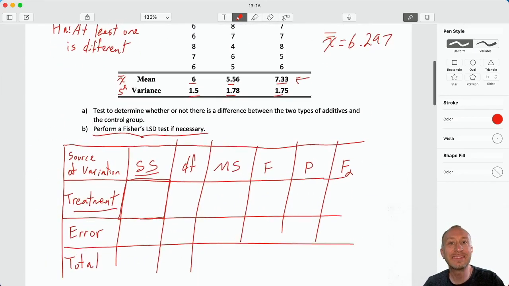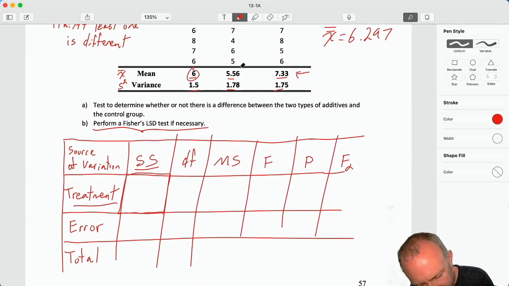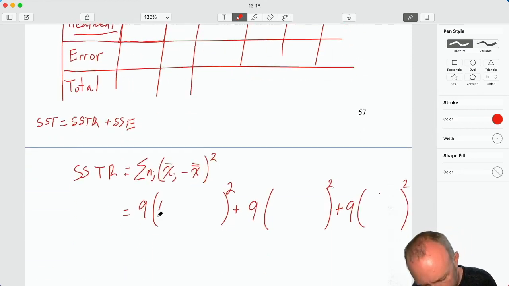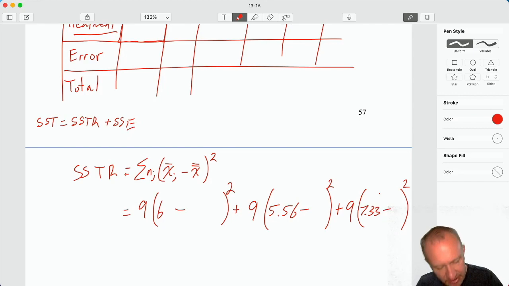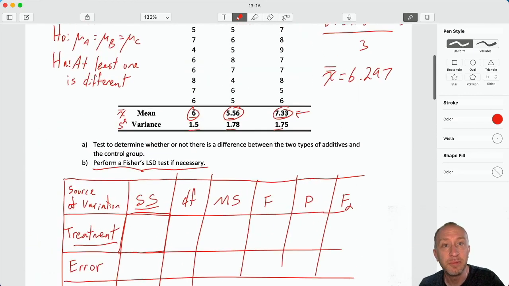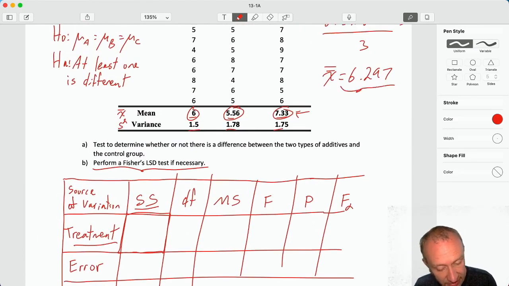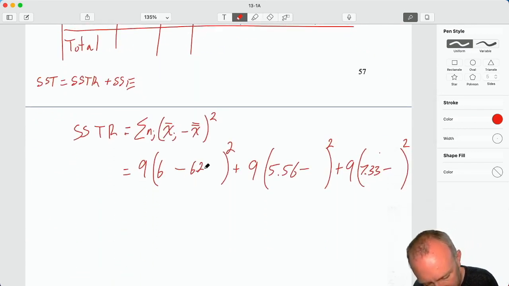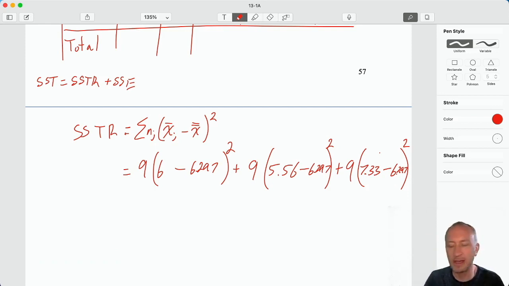So I have my sample means 6, 5.56, and 7.33, and our grand mean, I should say, 6.297.